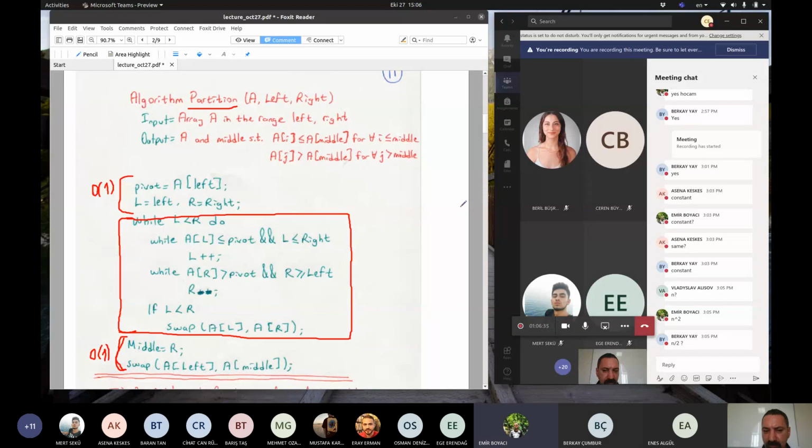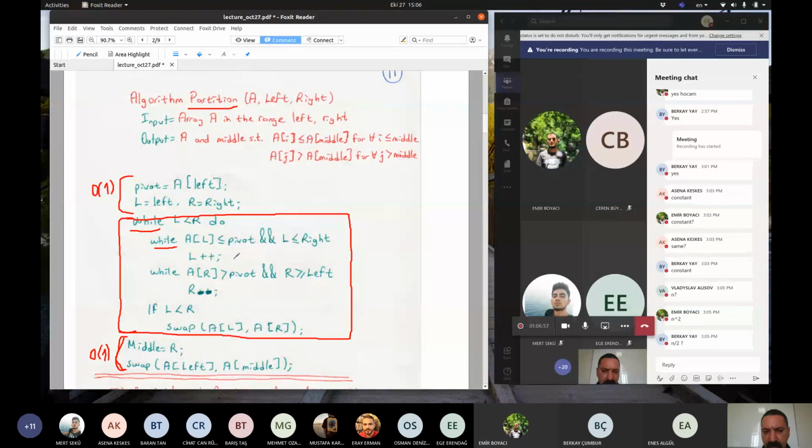Okay. First while loop, A[L] less than or equal to the pivot, something like this. Yes, the middle of the array, A. What did you say about this first while loop?